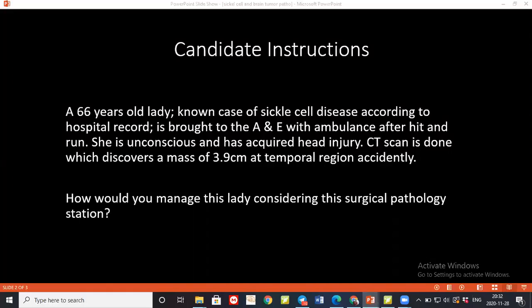Can you tell me, you or anyone, what are the acute complications, or the painful crisis, of sickle cell disease?